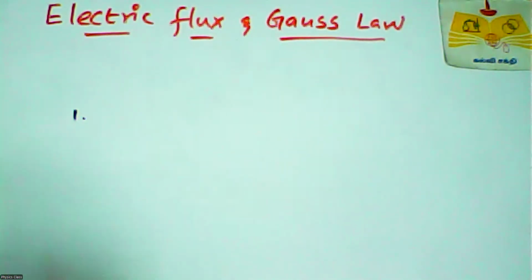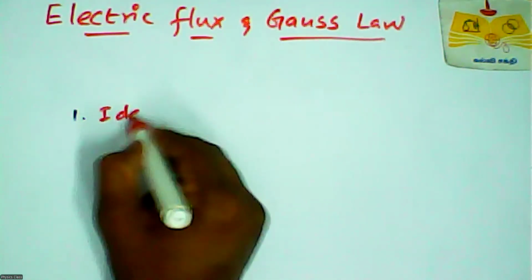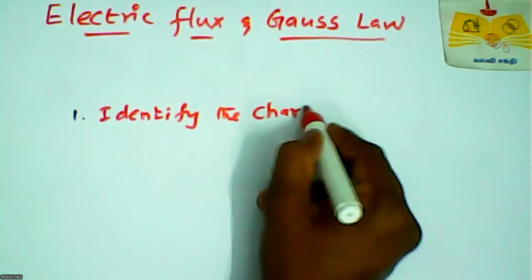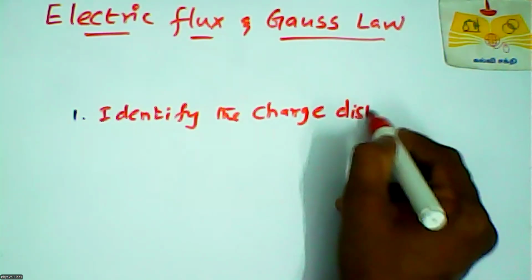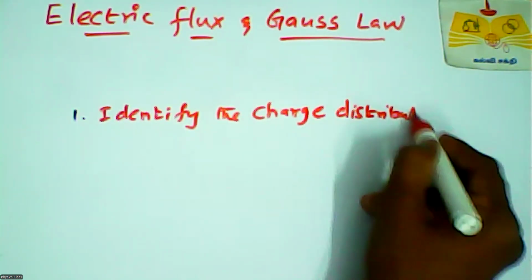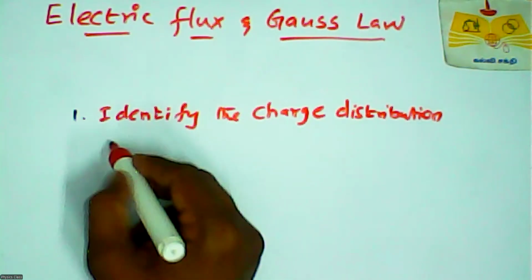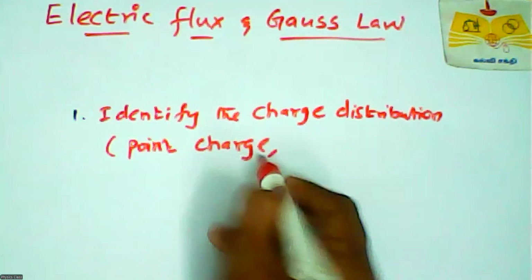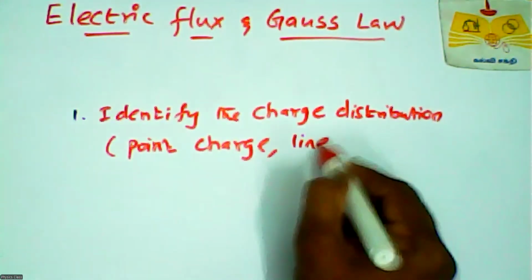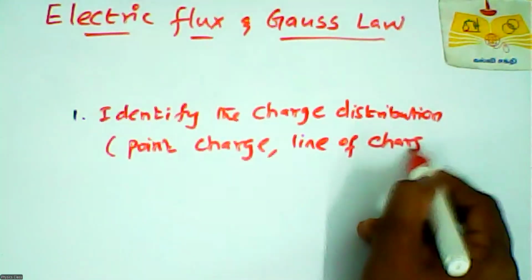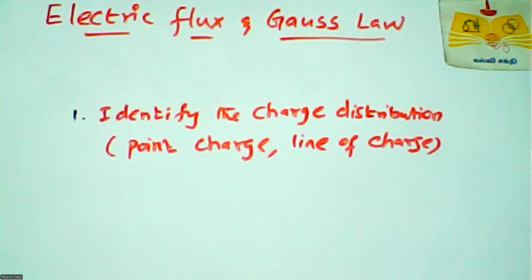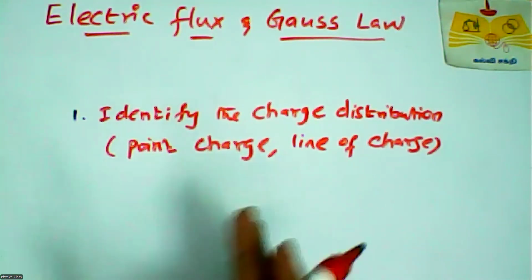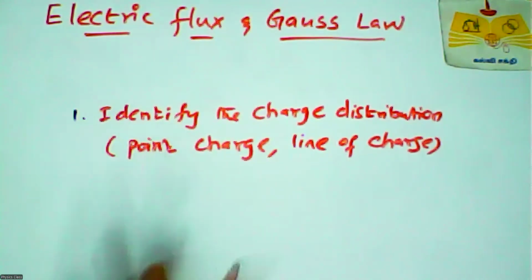First of all, you have to identify the charge distribution. Charge distribution means, for example, it may be a point charge or it may be a line of charge like that. So Gauss law is especially useful for calculating electric fields for symmetric charge distributions like spheres or cylinders.